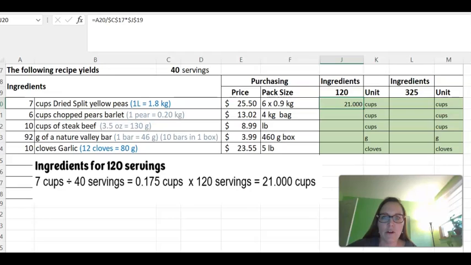And we're going to make sure that we're at 3 decimal places. So now we can just drag this down. And we have all of our ingredients at 3 decimal places for 120 servings.